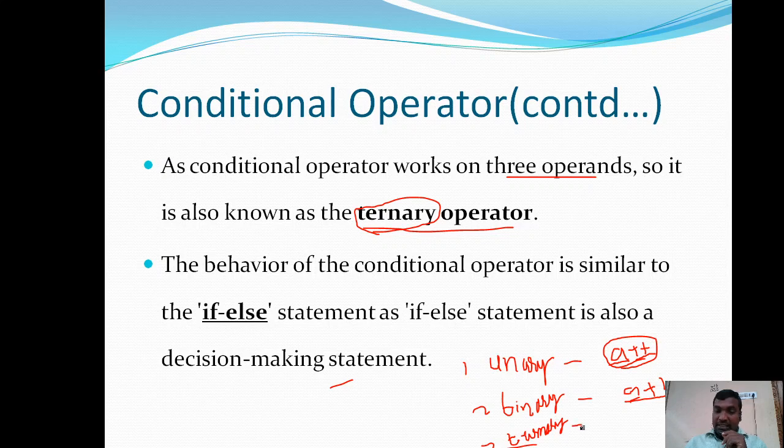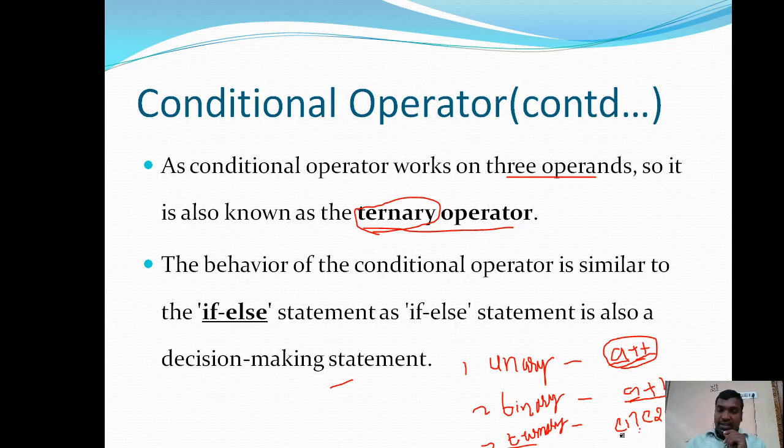And now coming to the ternary operators. Ternary means it includes three operands. If an expression consists of three operands, then we call that expression a ternary expression, and the operators associated with these three operands are called ternary operators. So E1 question mark E2 colon E3.